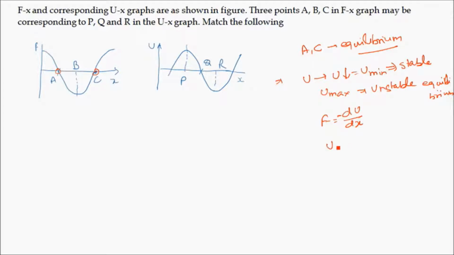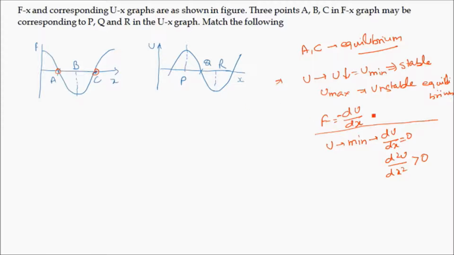So for U minimum, dU/dx must be equal to 0, and d²U/dx² must be greater than or equal to 0. This is the condition of a minimum: for the minimum value of U, the first differentiation must be 0, that is, force must be 0, and the double differentiation must be greater than or equal to 0.